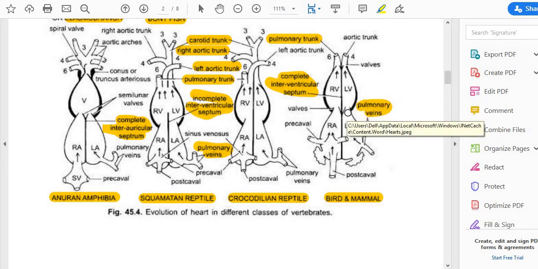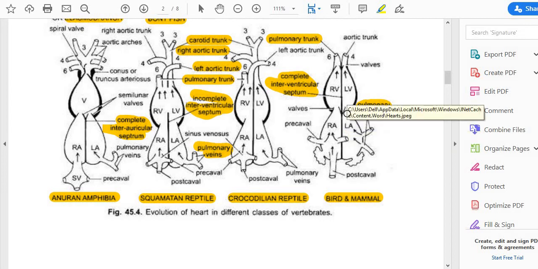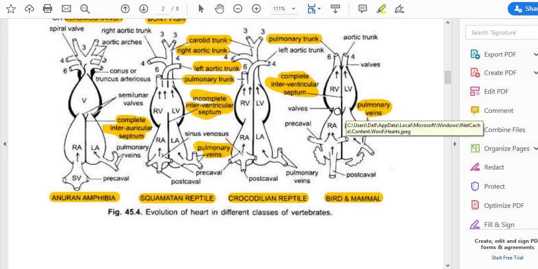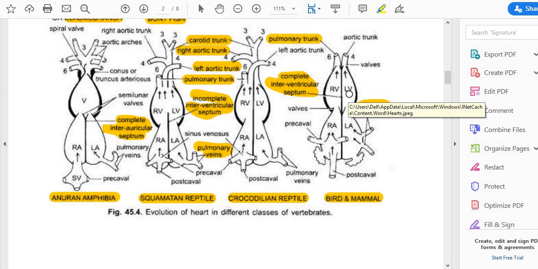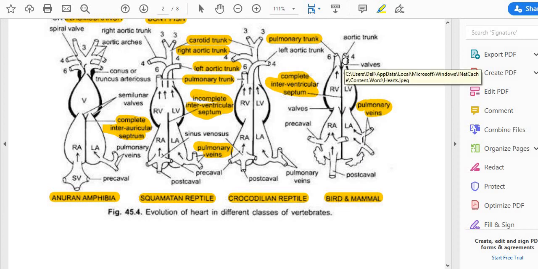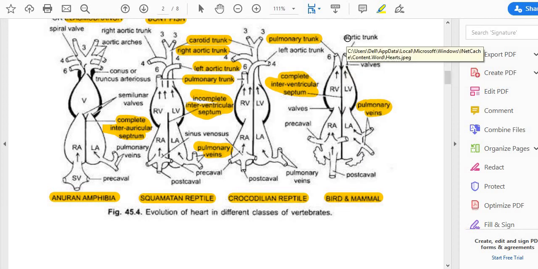Here also we have valves. The valves present in between the left auricle and left ventricle are bicuspid valves. In between the right auricle and right ventricle we saw tricuspid valves, but between the left auricle and left ventricle we see bicuspid valves. From the left ventricle the blood moves inside the aortic arch, that is the aortic trunk.